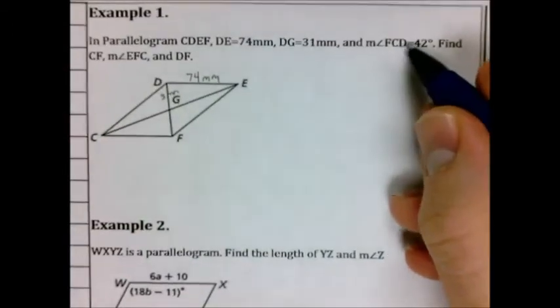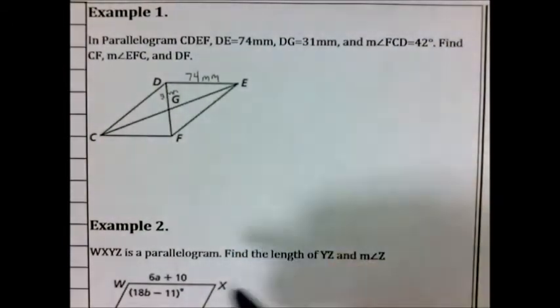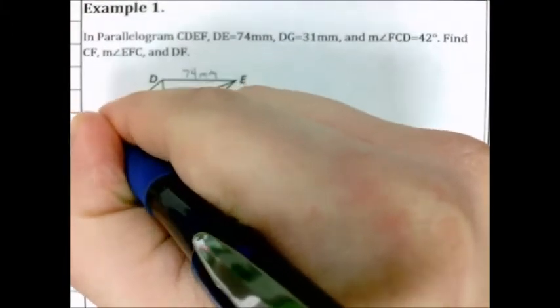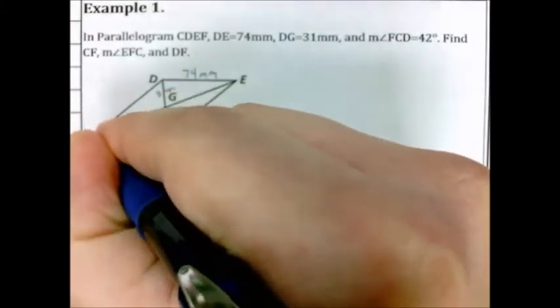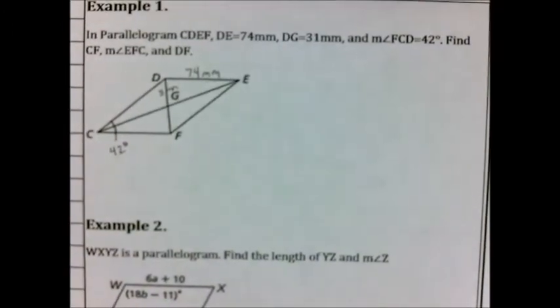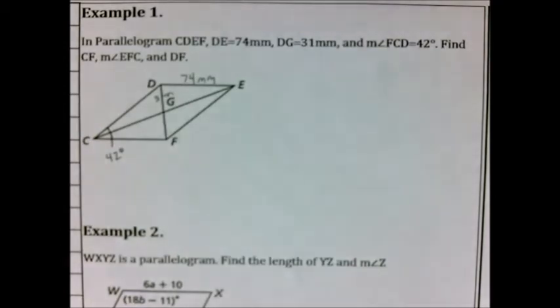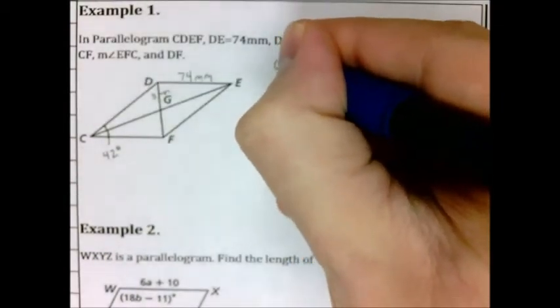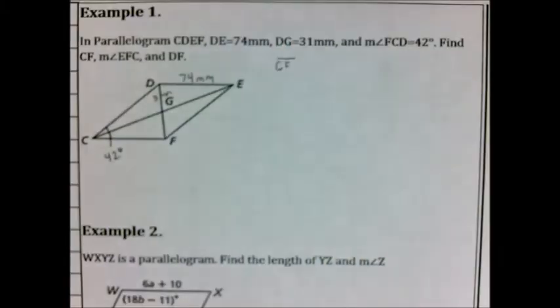And angle FCD is 42 degrees. So FCD, this whole big long thing, is going to be 42 degrees. Now what it is asking us to find is CF, the measure of angle EFC, and the measure of our side DF.